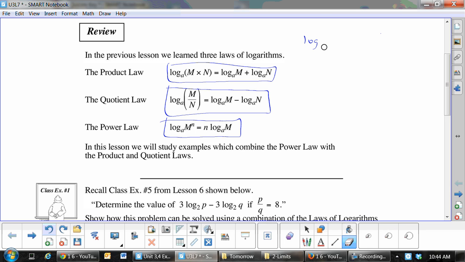I would actually do variables. Log n to the p equals. Okay.